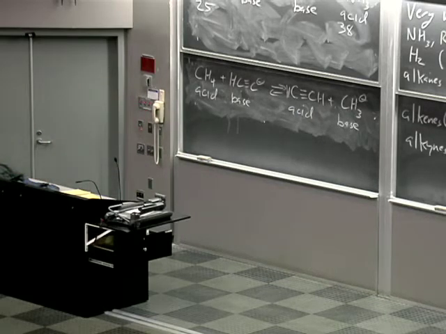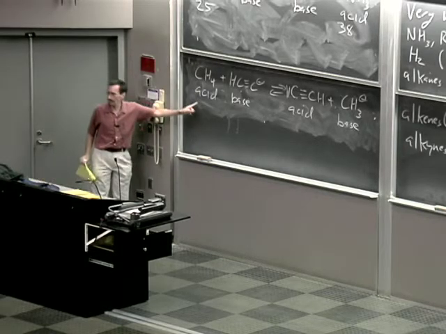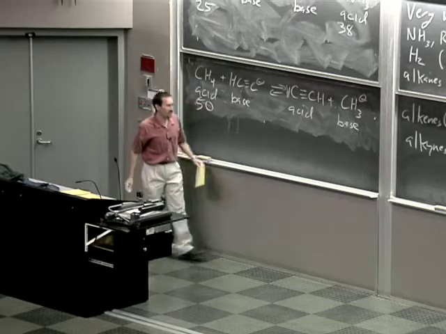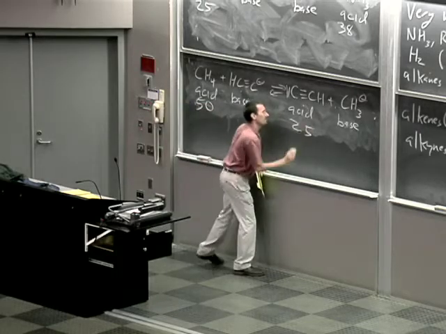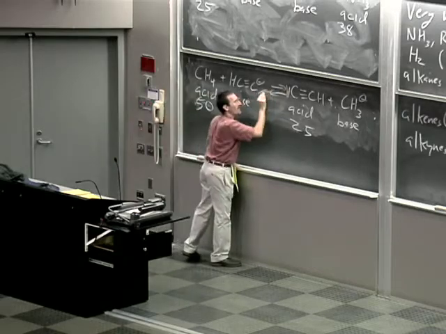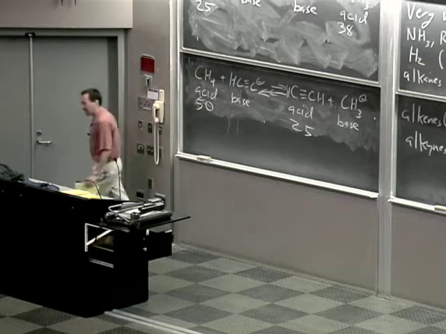Which way does this equilibrium lie? To the left. Why does it lie to the left? You're absolutely right. The pKa is higher, so the equilibrium lies to the left. The pKa of methane is 50. The pKa of acetylene is 25. This equilibrium lies way, way, way, way to the left.